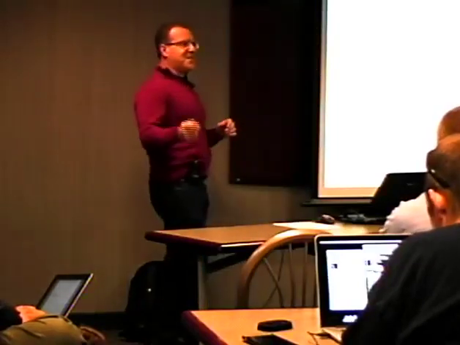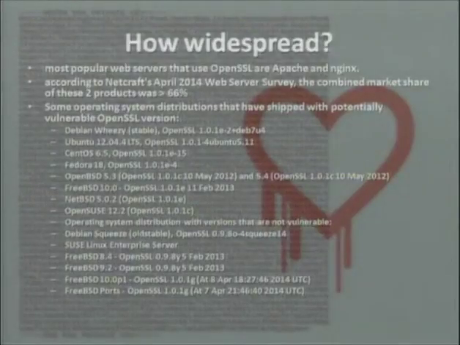So, Dave asked the question, how widespread is this? Only the most popular web servers in the world, Apache and Nginx, were both compiled to use OpenSSL. According to Netcraft's April 2014 survey, the combined market share of those in the world was greater than 66%, so two-thirds of the stuff that's out there.